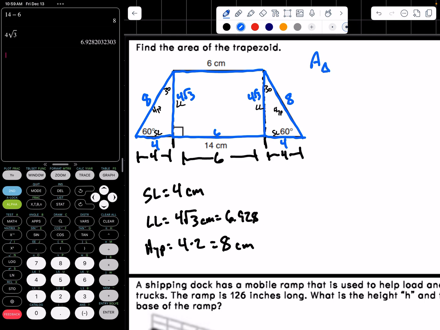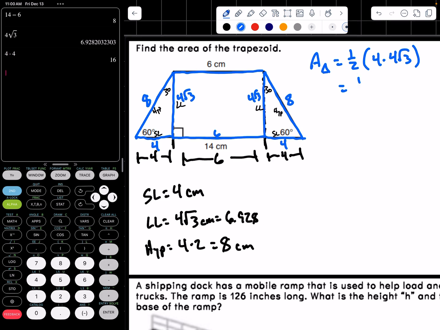Area of my triangle equals 1/2 base, which is 4, times my height, which is 4 root 3. If I work this down, I end up with 4 times 4, so that's 1/2 of 16 root 3, which makes this 8 root 3 for that area.